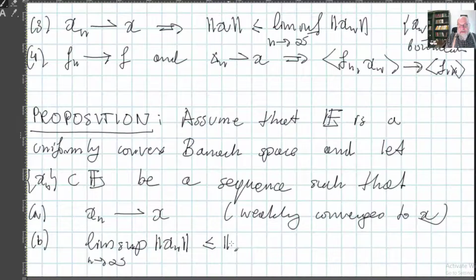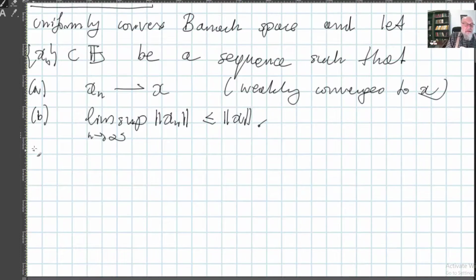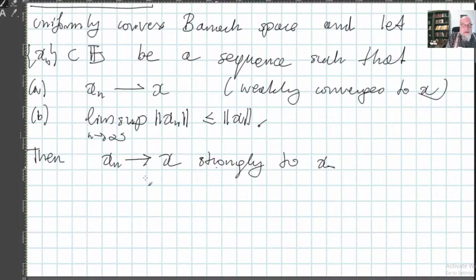Then the statement is that xn converges strongly to x. And the proof, let's start it immediately.